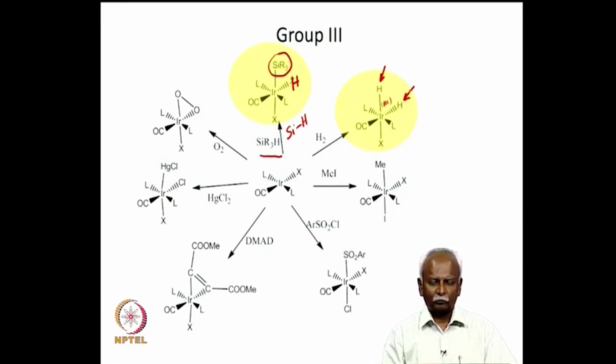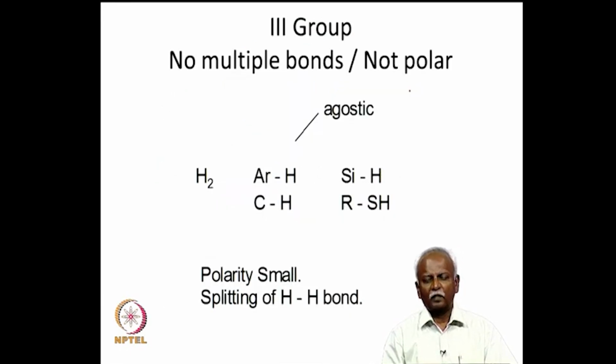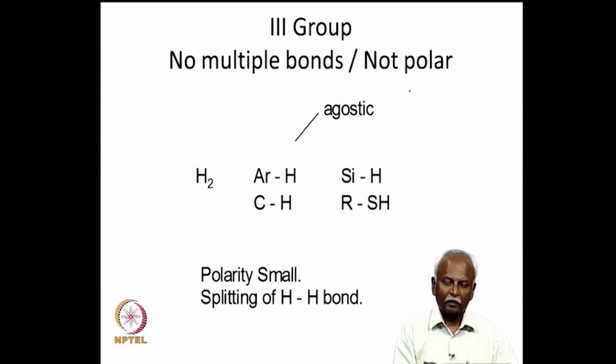These molecules are strange because many of them have a common feature, and that is the fact that they have very little ionization of this group as plus and minus. They do not ionize like this, nor do they ionize as minus and plus, but still they are able to undergo weak interaction with the metal in what is called an agostic way.